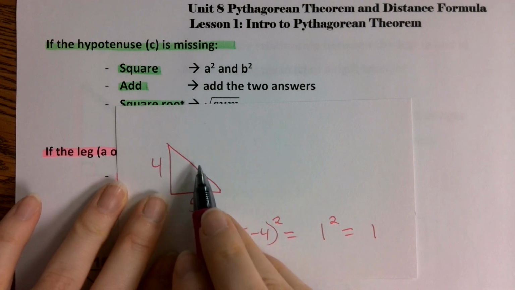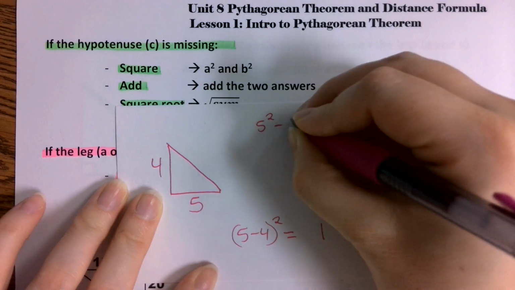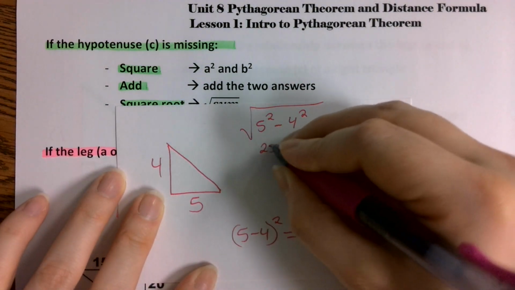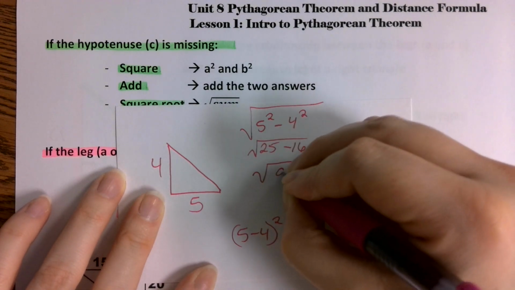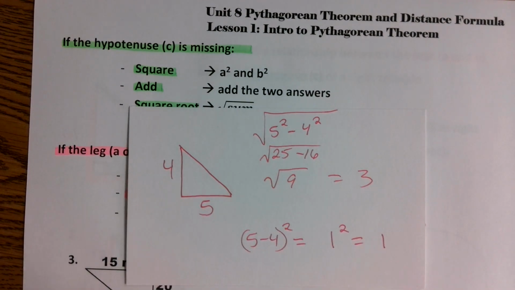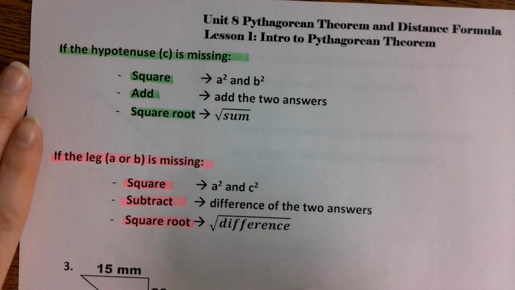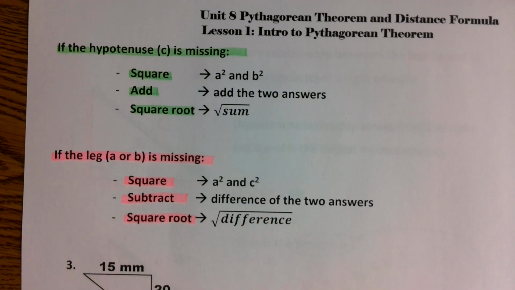But that's not going to be the value here, because you would need to be doing 5 squared minus 4 squared and then take the square root of that. 5 squared is 25 and 4 squared is 16. When you subtract those, you'd get 9, and the square root is 3. Very different answers. So you have to make sure that you follow that process. You must square it first before you do any additions or subtractions. Okay? All right. It's a good question, a very valid question.